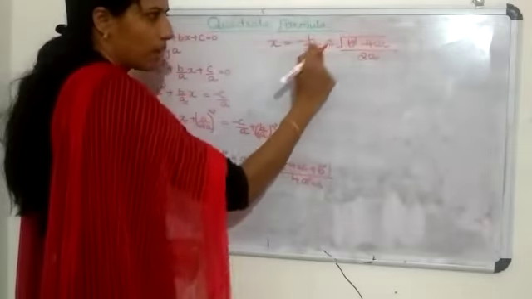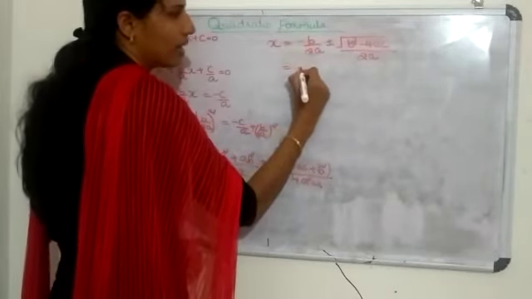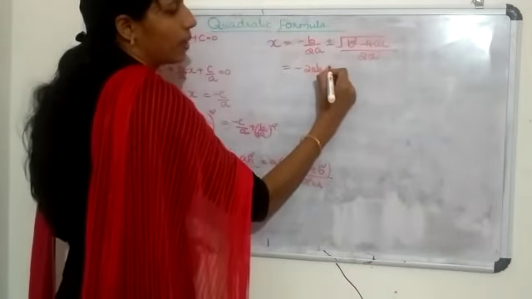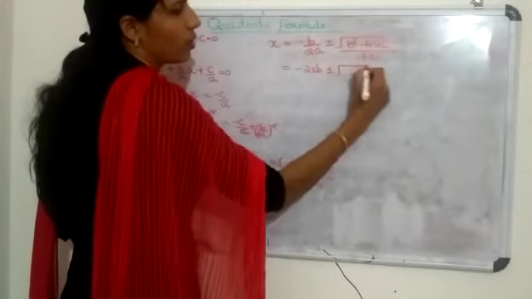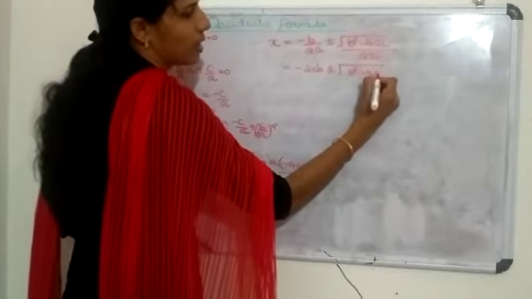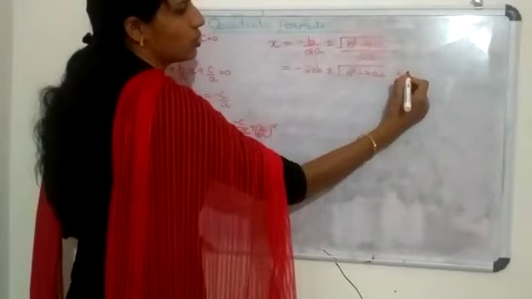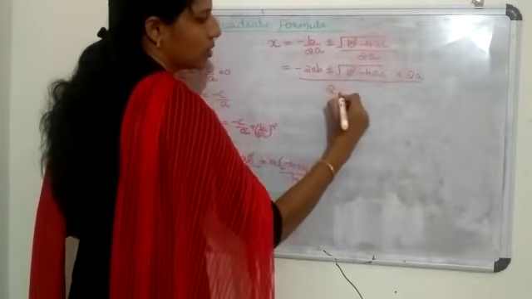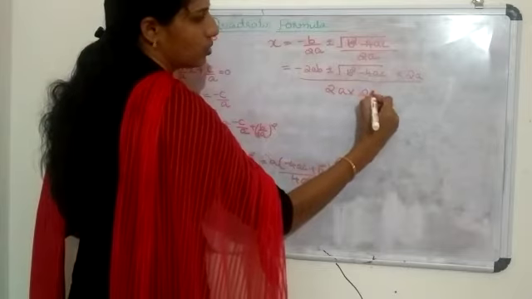Again cross multiply this, we will get minus 2ab plus or minus square root of b square minus 4ac into 2a divided by 2a into 2a.